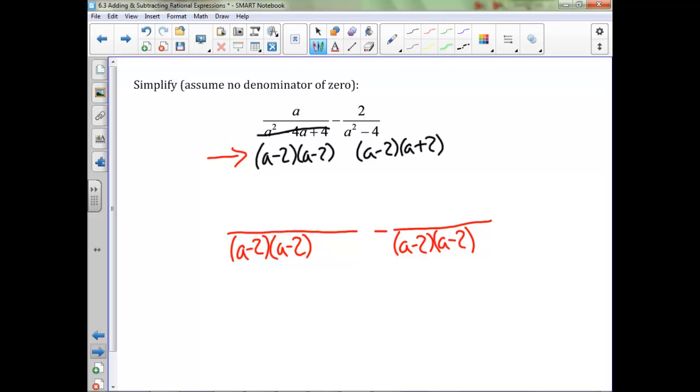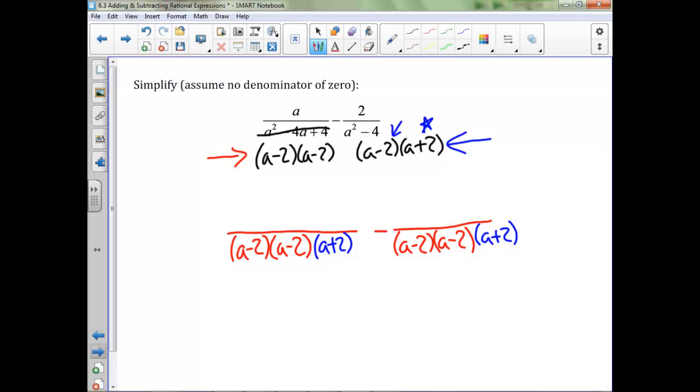But we also need any additional factors that appear in the other fraction. And this one, this a minus 2 is already accounted for, but we haven't yet got an a plus 2, so that's also going to be in our denominator.